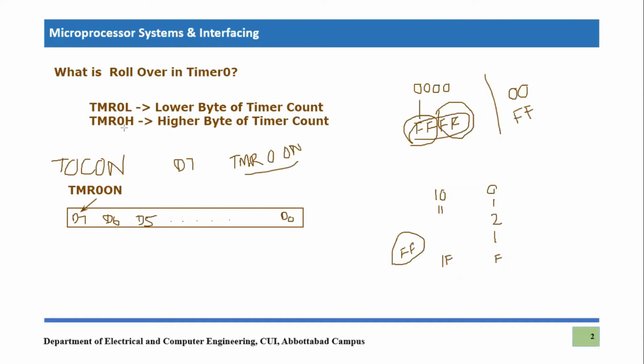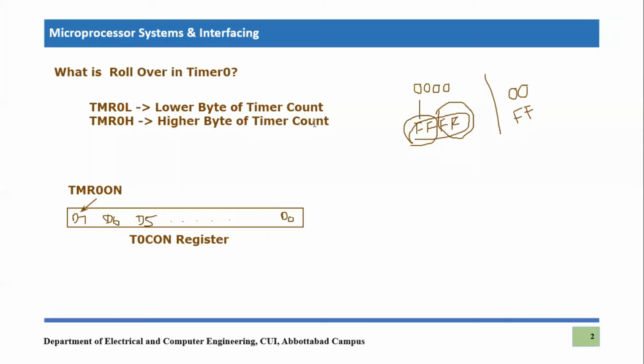So let's put some dummy values in these registers and start our timer. Let's see how this counting will proceed. Let's say I write move literal to working register 00 hex. Then I write move working register to file timer 0L, and move working register to file timer 0H, right?